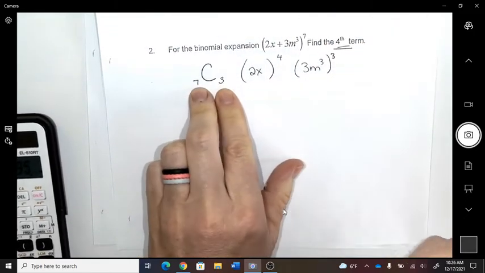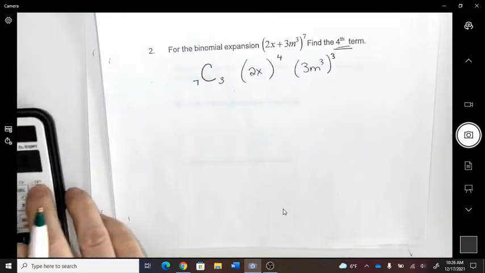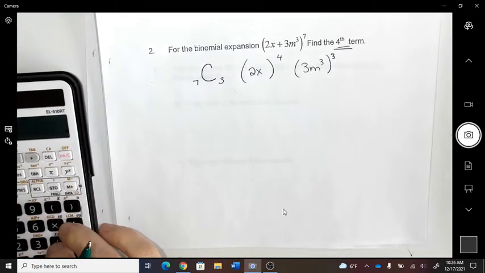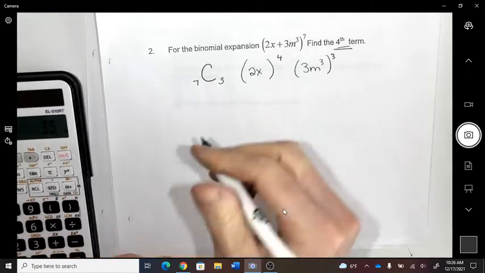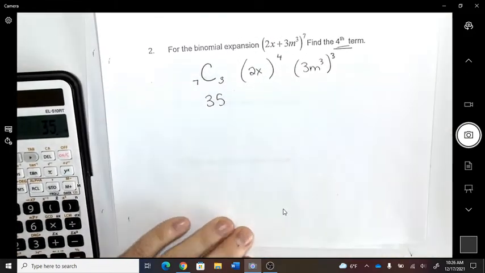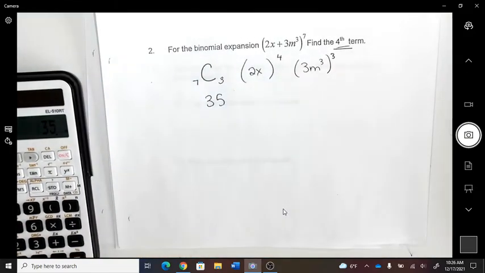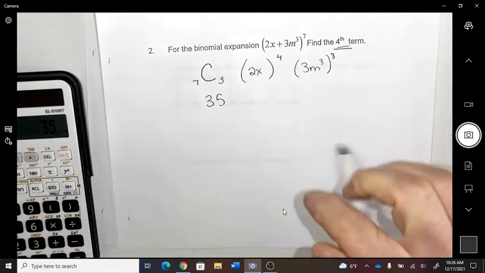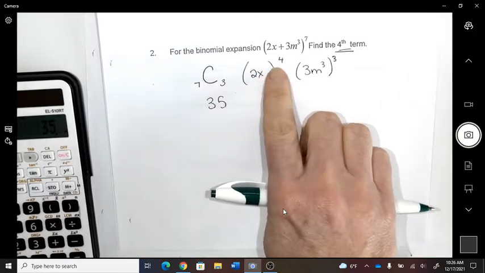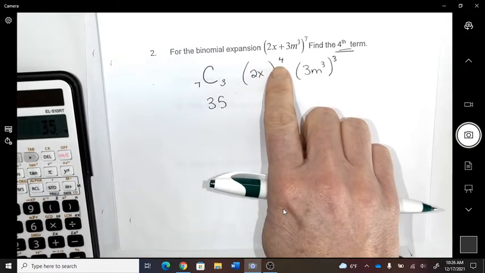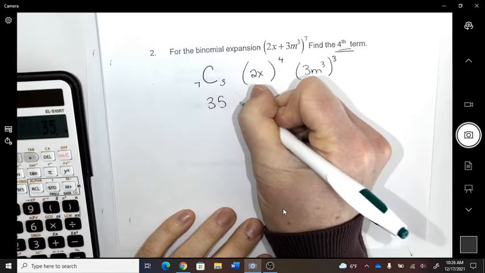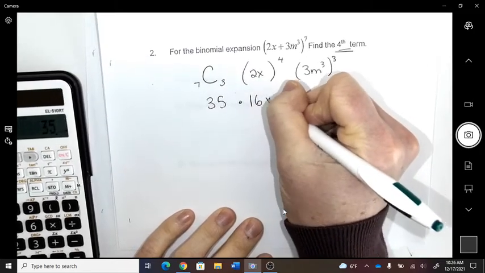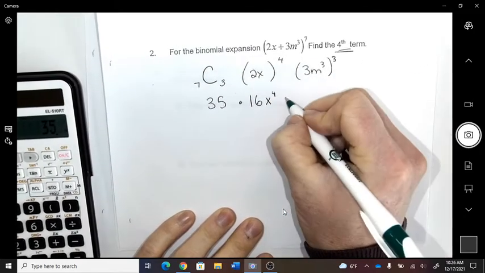Subtract. 7 subtract 3. Okay, so the rest is some calculator stuff. 7 choose 3 in my calculator. Okay, be careful making sure that we're doing 2 to the 4th. So 2 times 2 times 2 times 2. So 16 x to the 4th.